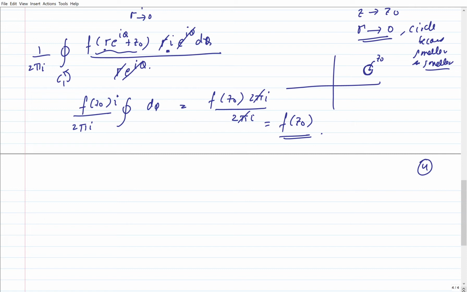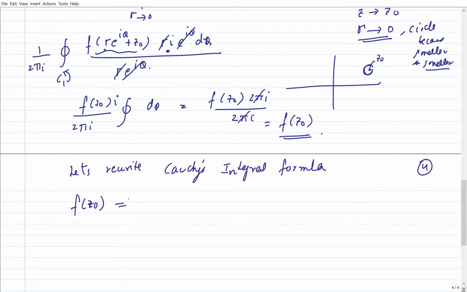So I have the Cauchy's integral theorem. Let's rewrite the Cauchy's integral formula again, which was nothing but the function's value evaluated at z0 is nothing but the value of this integral dz.